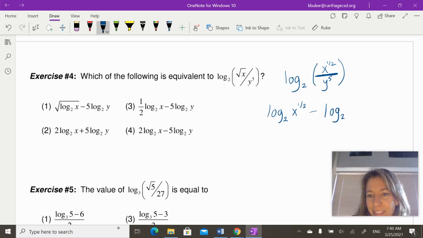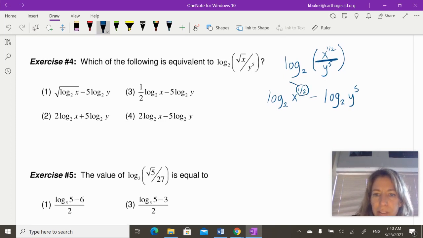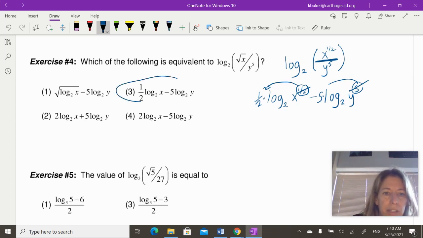You're thinking it, I should say. Hopefully you can see where this is coming from. And then I have these exponents. So the exponents become coefficients. And I have this 1/2 log base 2 of x minus 5 log base 2 of y, which is this guy.